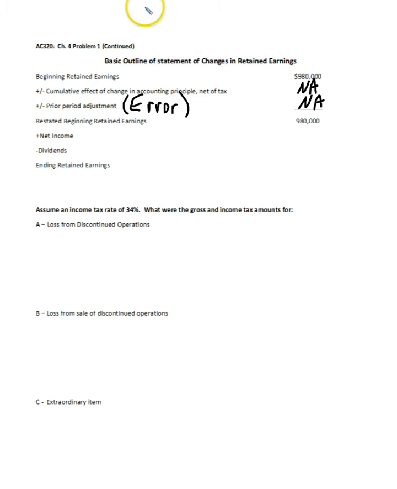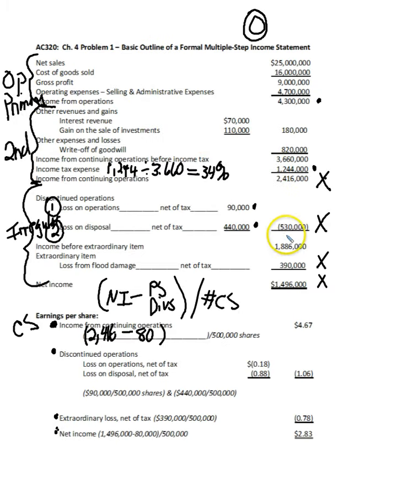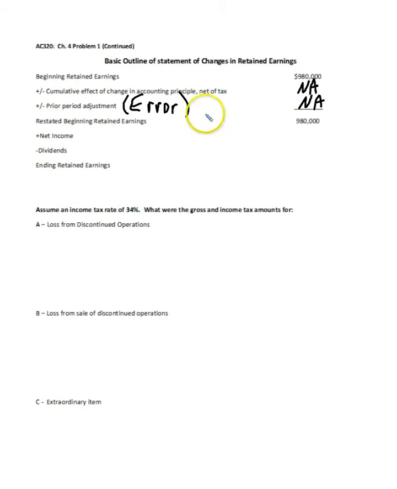Okay, then let's go back and try to remember. Let's see, net income is 1,496,000. So we can put that in there, 1,496,000. Dividends, preferred stock, remember, had 80,000 in the narrative.